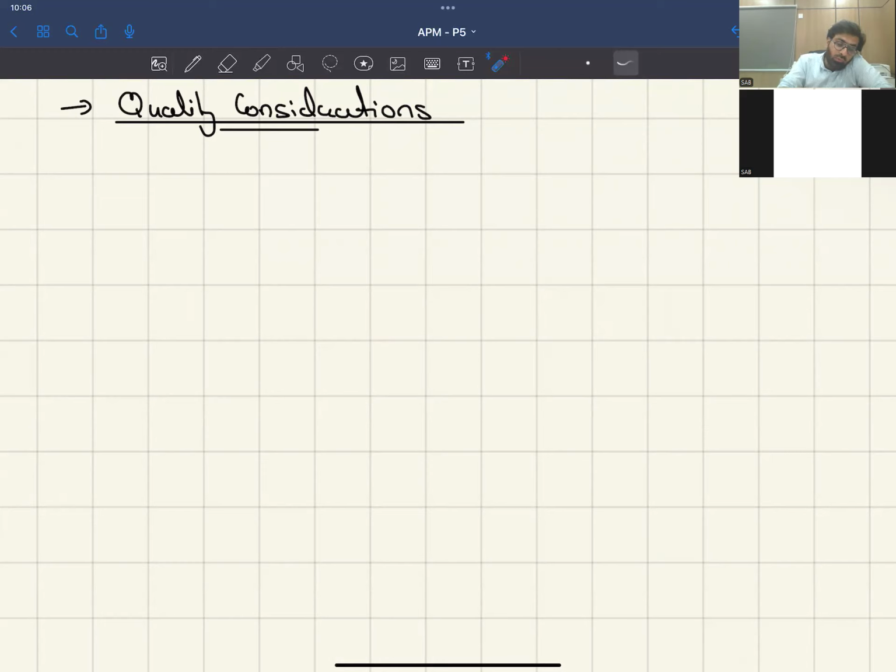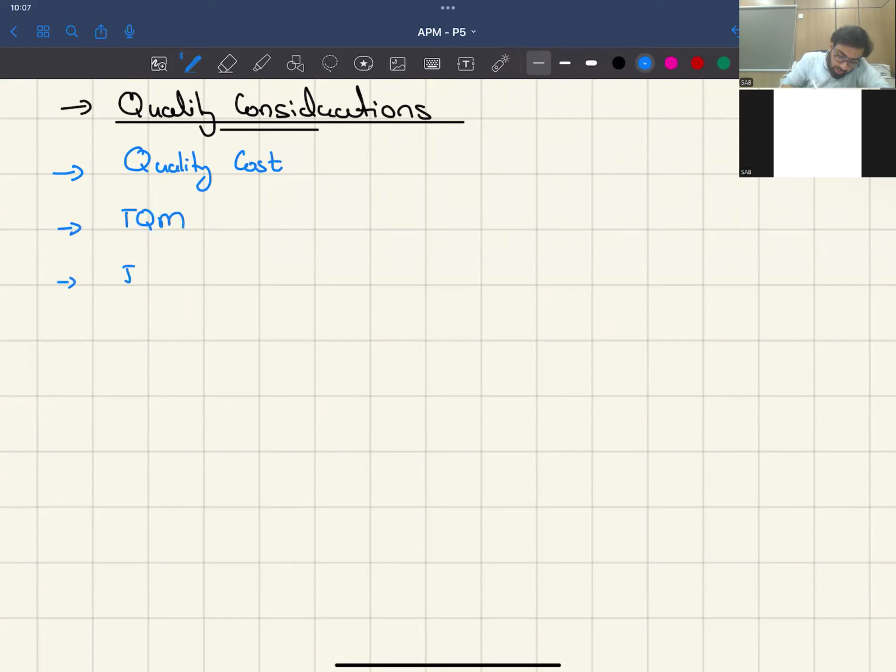So now, what topics are we left with? It's simple, we have to discuss certain topics in this quality consideration, right? The one thing is quality cost. We need to discuss that. Once quality cost is done, we need to discuss TQM.